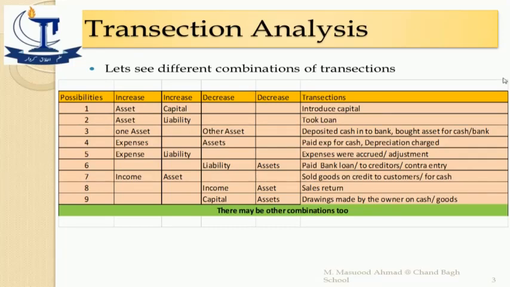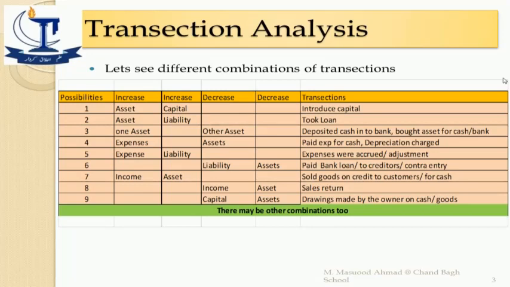Now the asset will decrease, he is not going to pay you that money because he has returned the goods, and at the same time when you sold those goods, you put them on your income side. Now the income is decreasing, in this case by sales return.